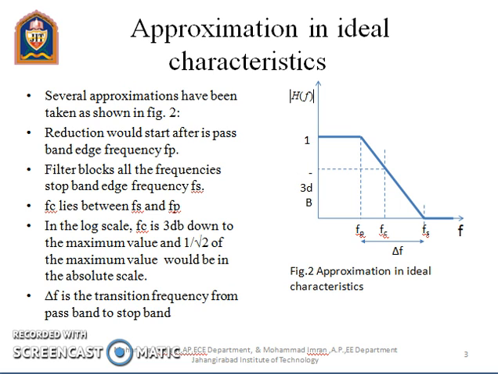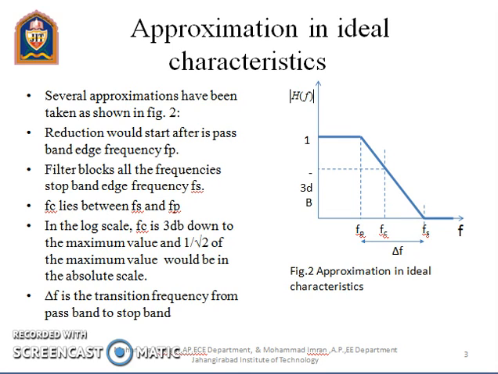Moving on to the approximation in ideal characteristic. It has several parts, but we have just discussed a few key parts as per the diagram shown in the figure here. We have plotted a graph between the frequency f and H(f), where you can see that there are different types of frequency mentioned: Fs, Fc, Fp.